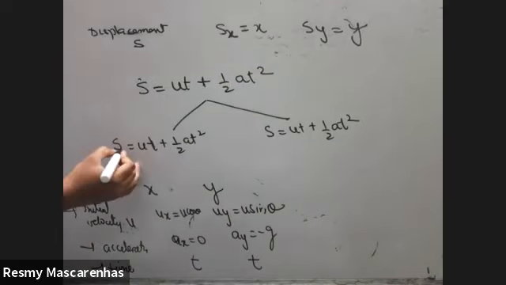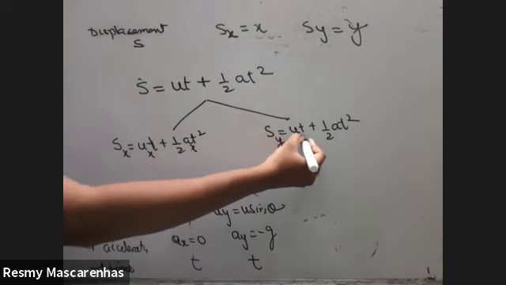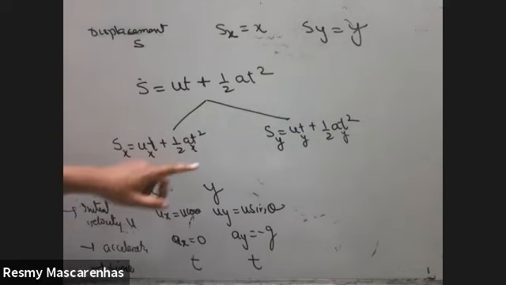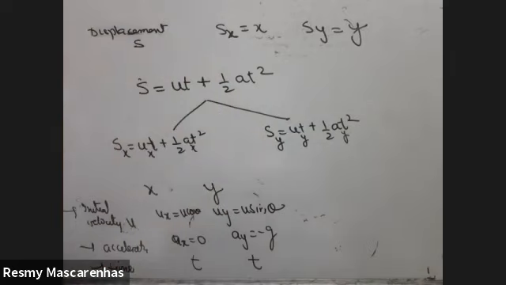So if we are using the x component, everywhere x will come. If we are using the y component, everywhere y will come. Now we'll just substitute the values here from the table, on both sides.